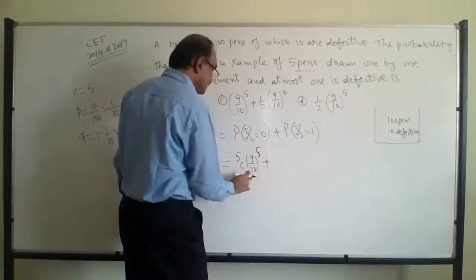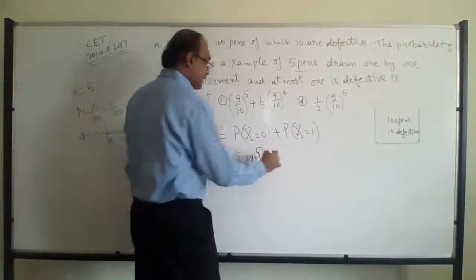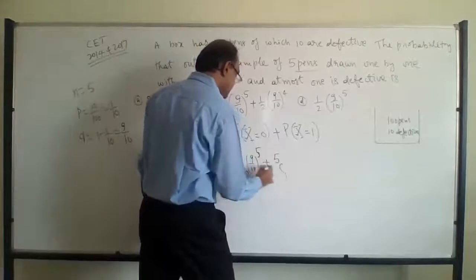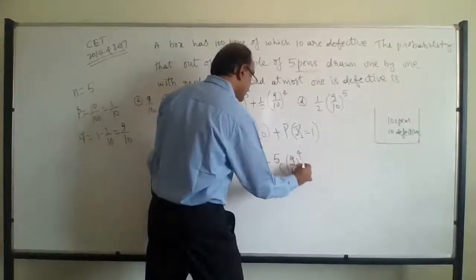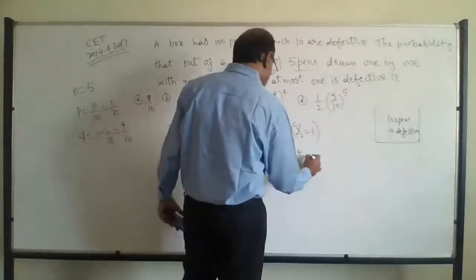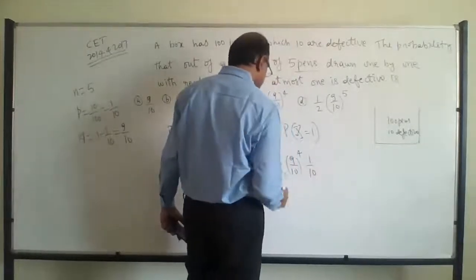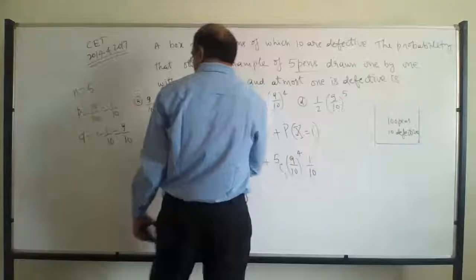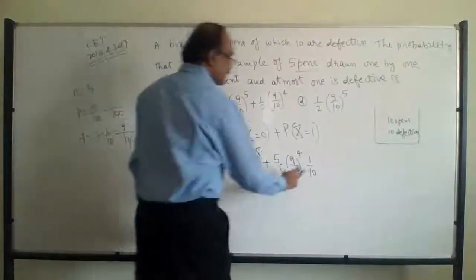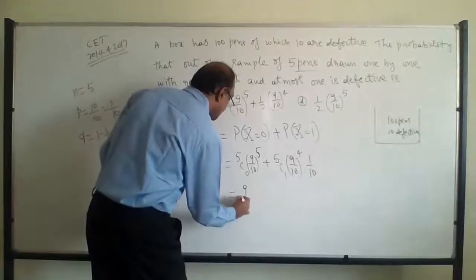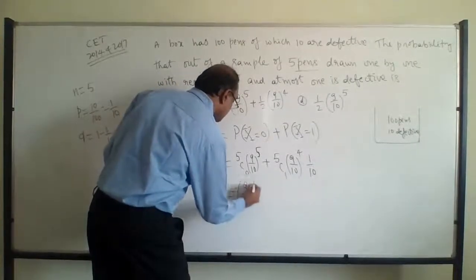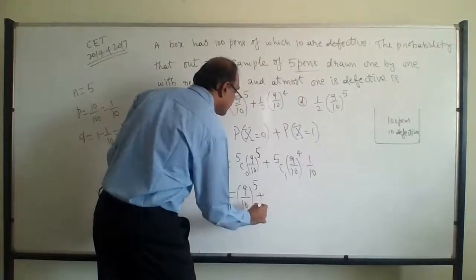First term, p to the power 0 is 1. Next, 5C1, 9 by 10 whole to the power 4 into 1 by 10, that is p to the power 1, p is 1 by 10. So if you simplify, 5C0 is 1, that is 9 by 10 whole to the power 5.